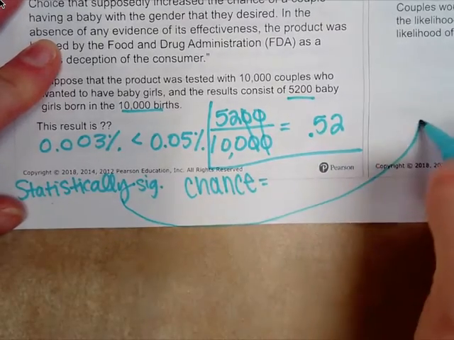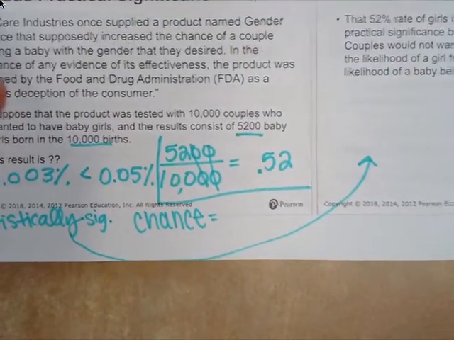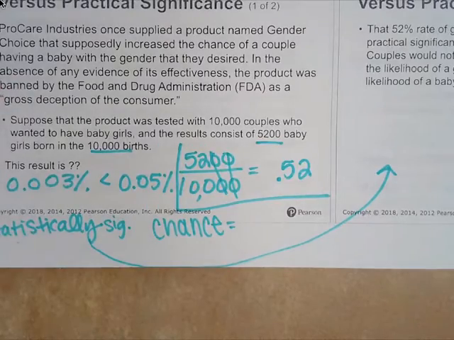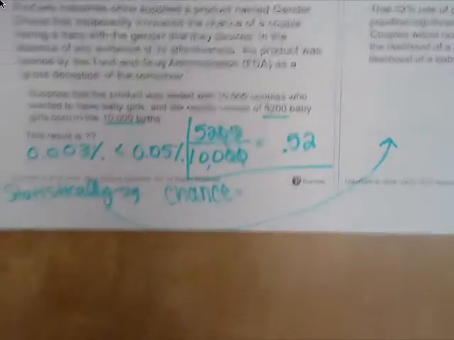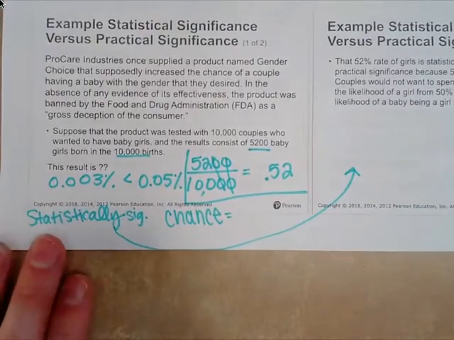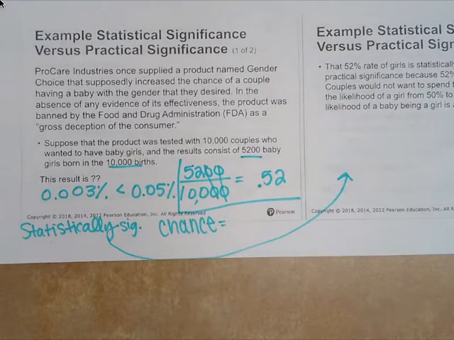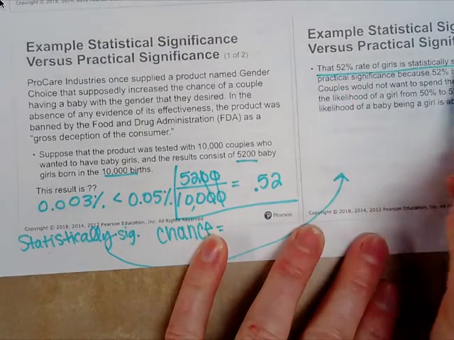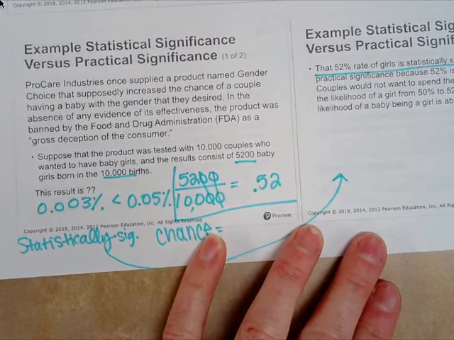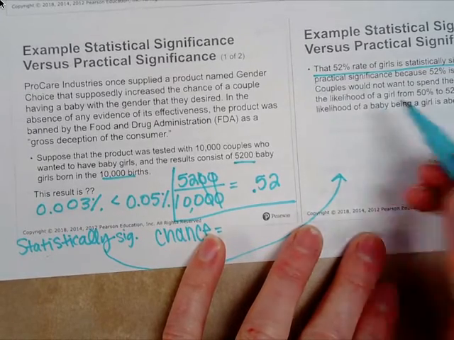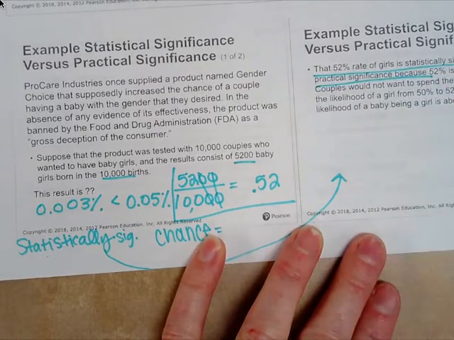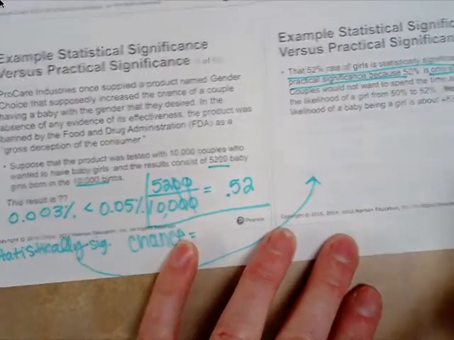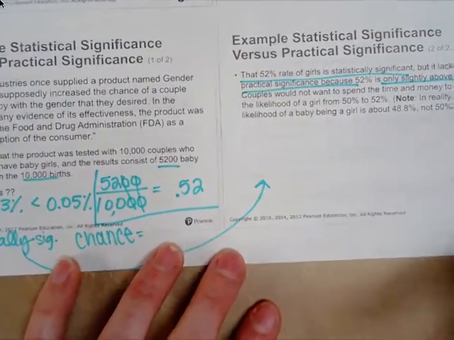But the thing is, we're going to come over here and talk about practical. Common sense tells us, is that really raising it enough to risk? You taking this brand new pill, what other things could it cause? So it says it is statistically significant, but it lacks practical significance because it's only slightly above 50%.